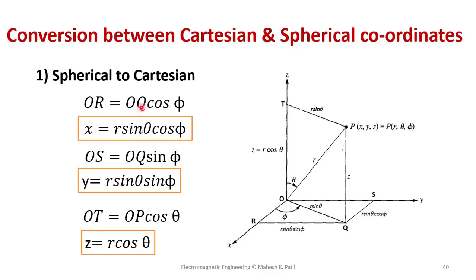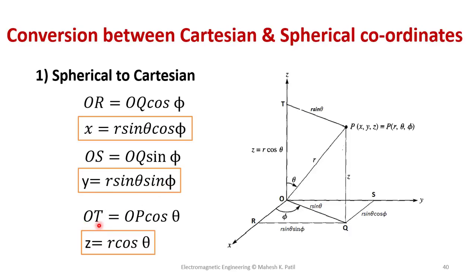Now OQ we already know is r sin theta, multiplied by cos phi. Therefore x equal to r sin theta cos phi. Similarly OS is equal to OQ sin phi, and OQ is r sin theta. Therefore OS, that is y, equals r sin theta sin phi.